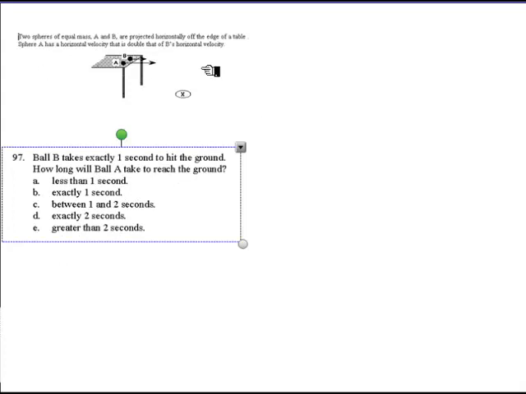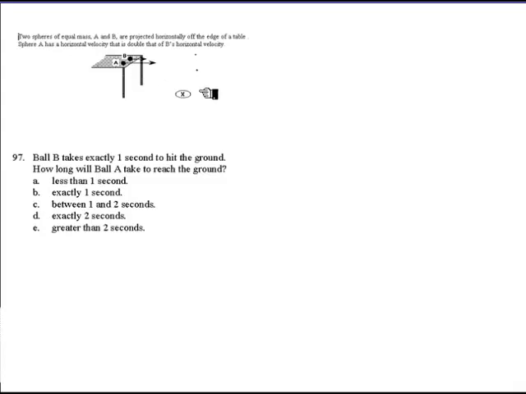Because if you can get 97, it's very obvious why 96 has to be the way it is. So 97 says ball B takes exactly 1 second to hit the ground. It follows some trajectory and it takes 1 second to hit the ground. So why does ball A also take exactly 1 second? As stated earlier, there's a couple ways to think about it.